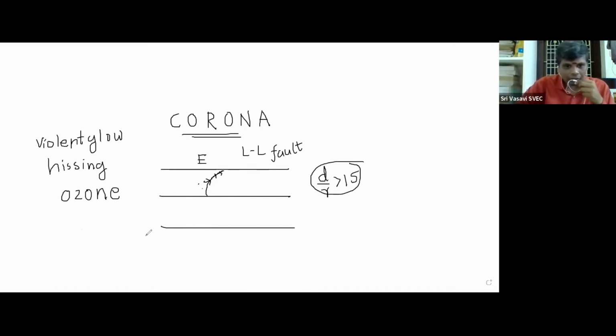When corona is initiated, the corresponding voltage is called the disruptive critical voltage, VD. Okay, so disruptive critical voltage. This is the voltage at which the corona is formed.